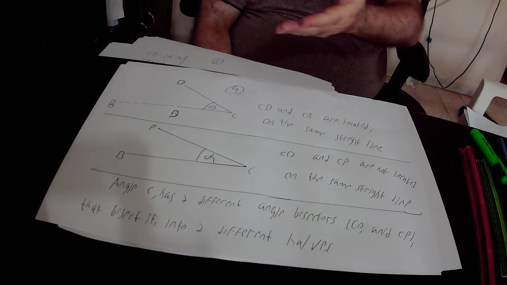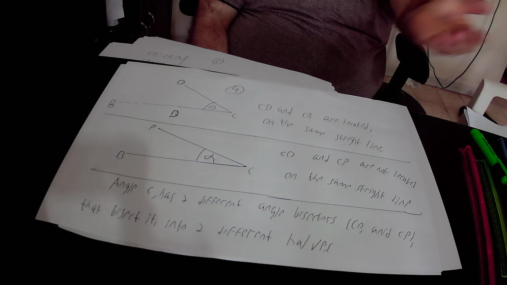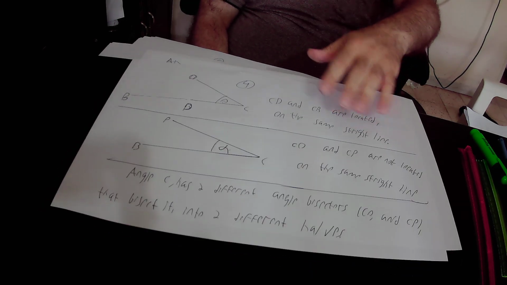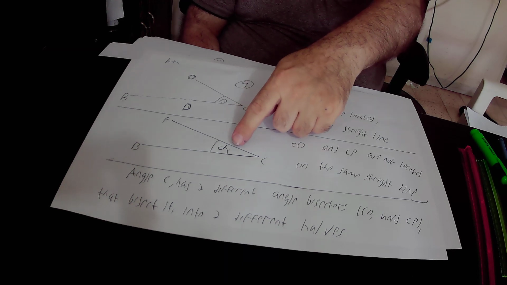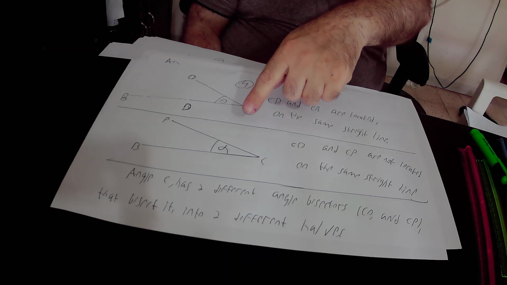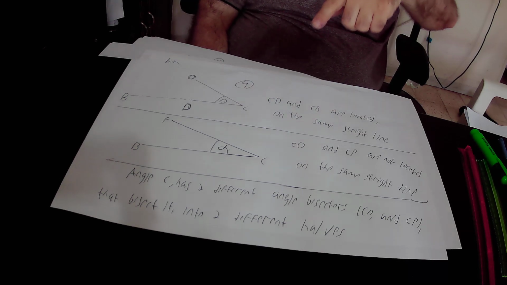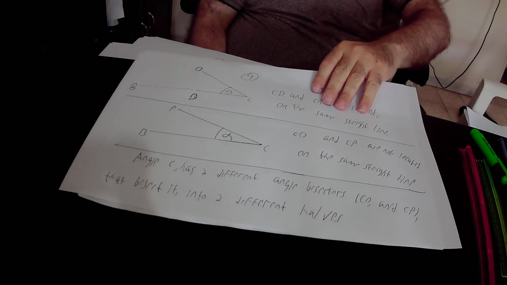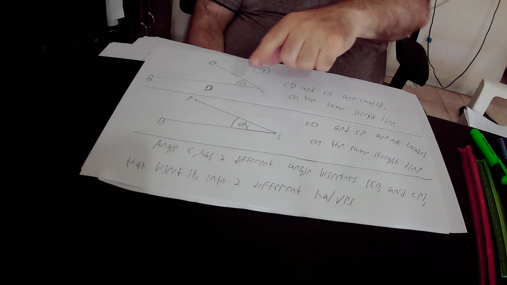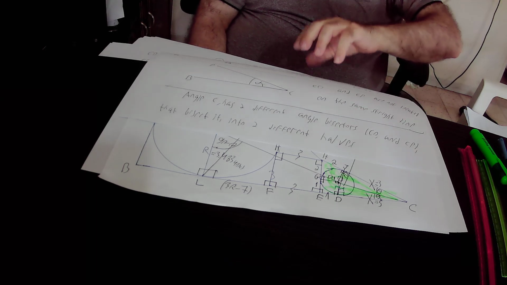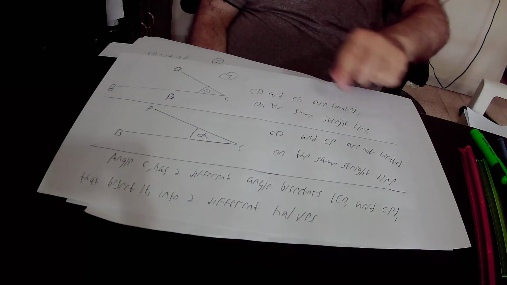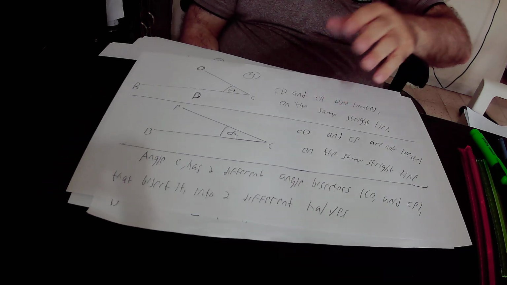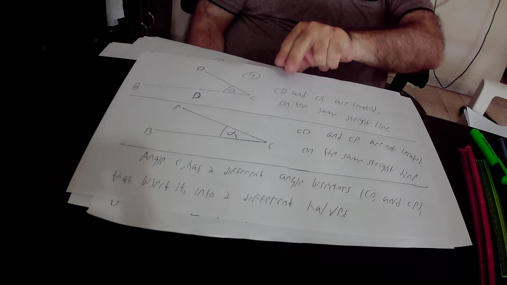But the second leg is not, according to our assumption. So if this angle is theta, then this angle is alpha, and alpha is not equal to theta. Those are two different angles. So in conclusion, we found that angle C has two different angle bisectors, CO and CP, that bisect it into two different angles.